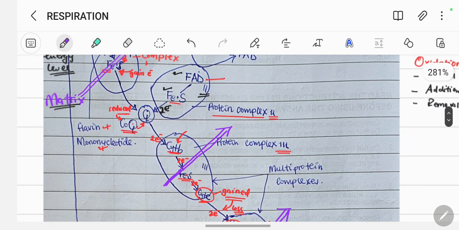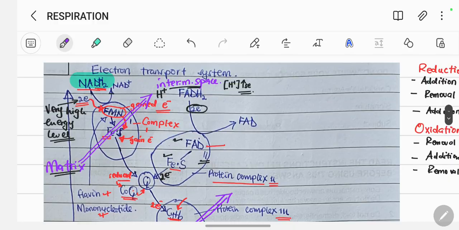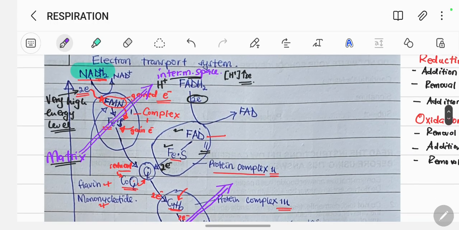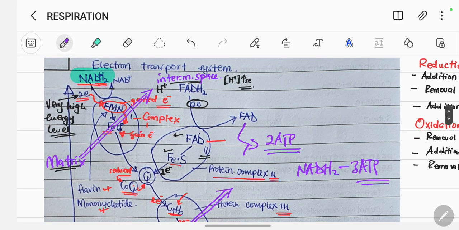So what do we say? We are going to find out that this is the reason why FAD produces only 2 ATPs and NAD produces 3 ATPs, I think because of the point at which NAD is submitting the electrons.